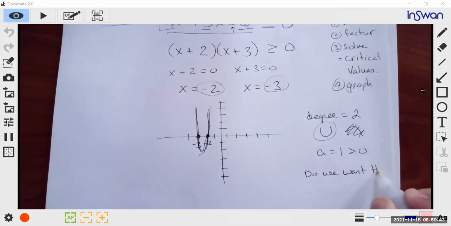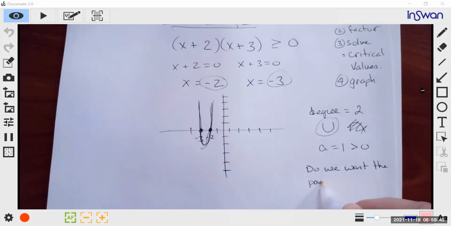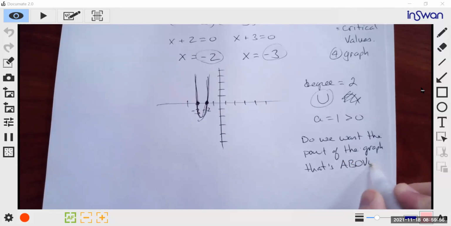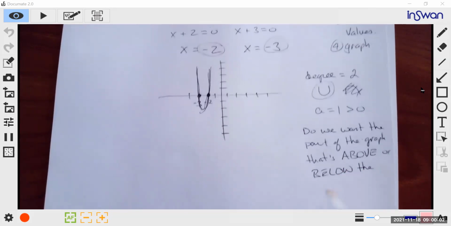Do we want the part of the graph that's above or below the x-axis?